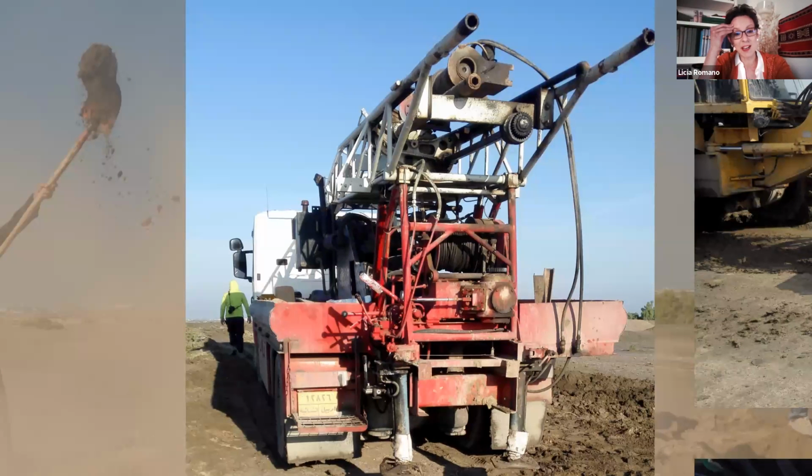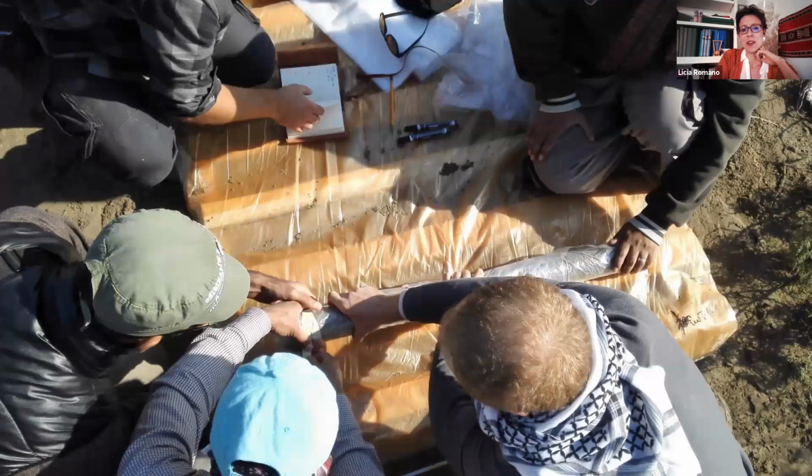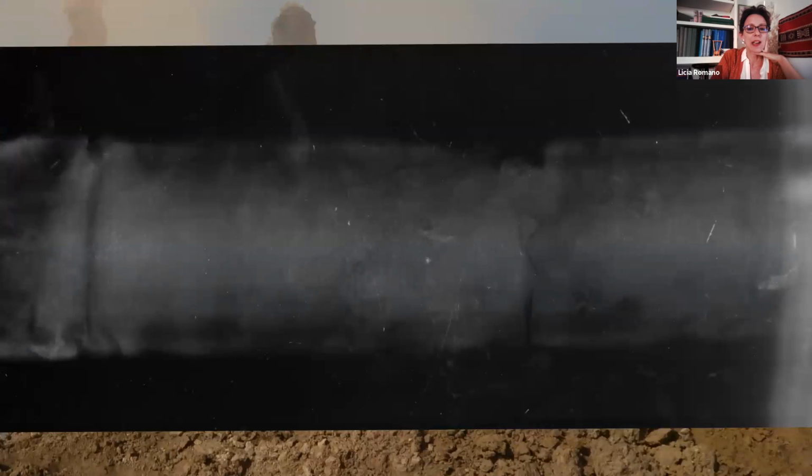At the end, we were really lucky that, although the battery of the machine was completely down, we were able to restart the engine of the machine, and so it could leave the site. We also had some difficulties in finding core boxes, so we made wonderful DIY boxes using pallets. But we have also been able to realize X-rays of the cores that are giving us lots of interesting information.